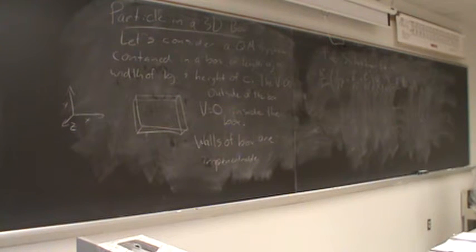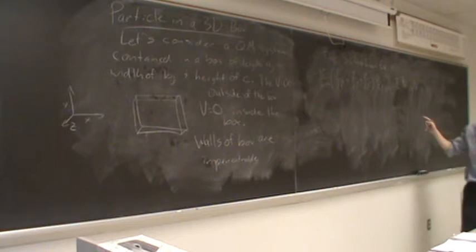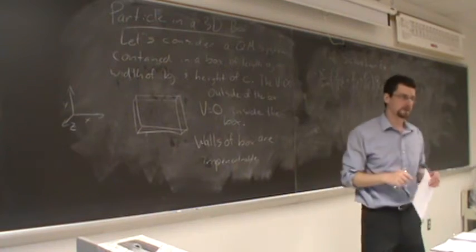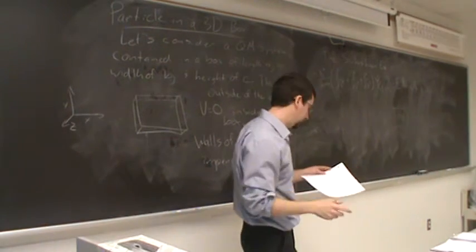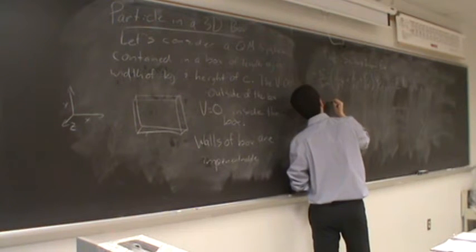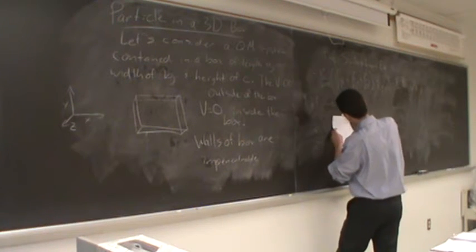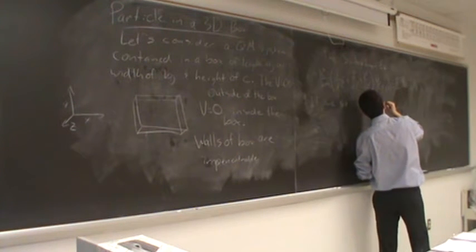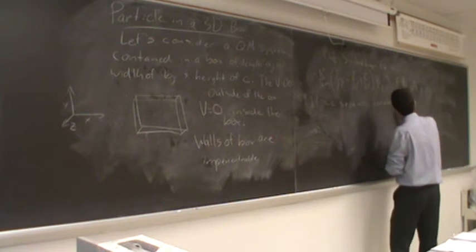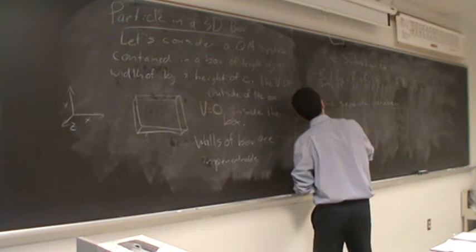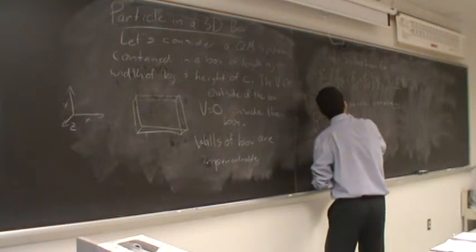What we're going to do though is assume we can separate the variables. We should be able to, because these are all based upon just positions. So we have our wave function that depends on x, y, and z.